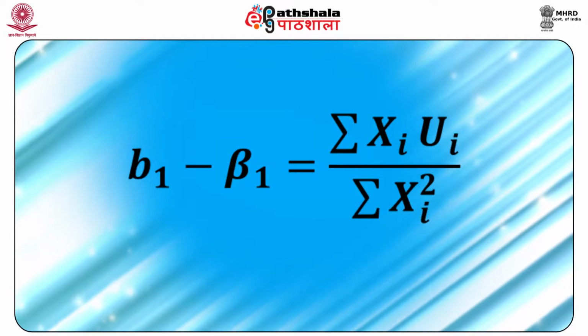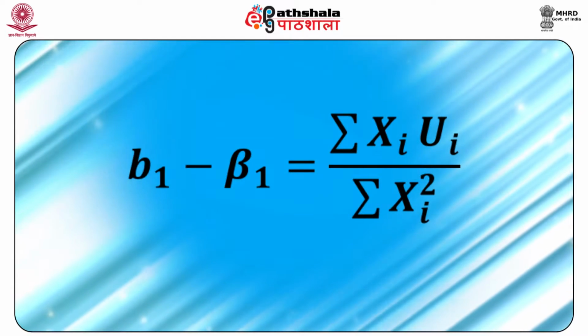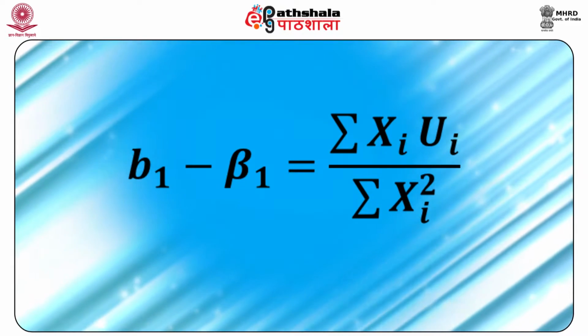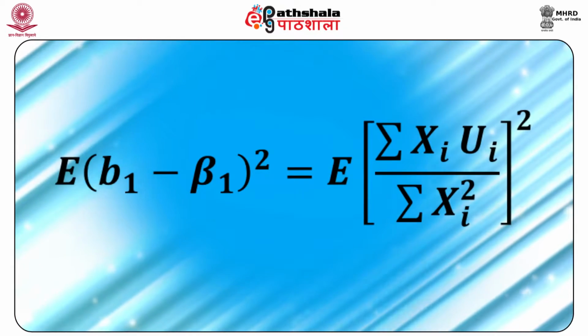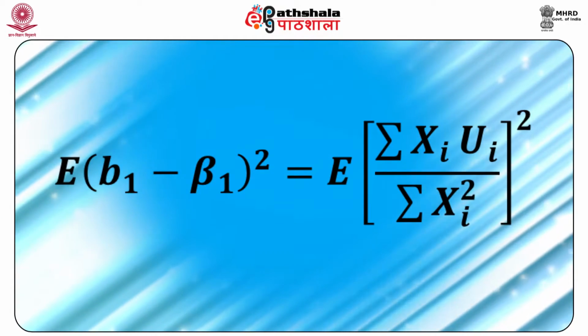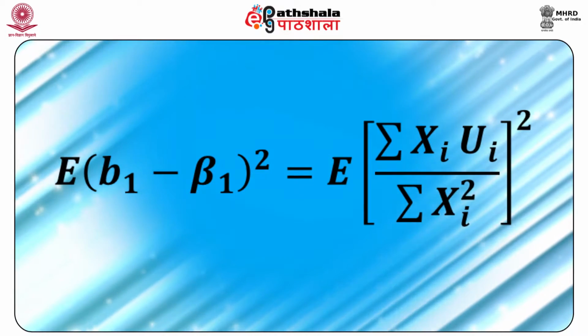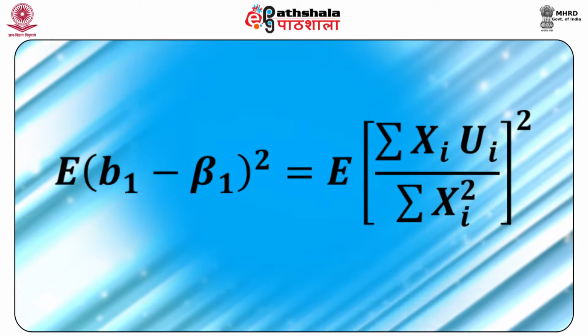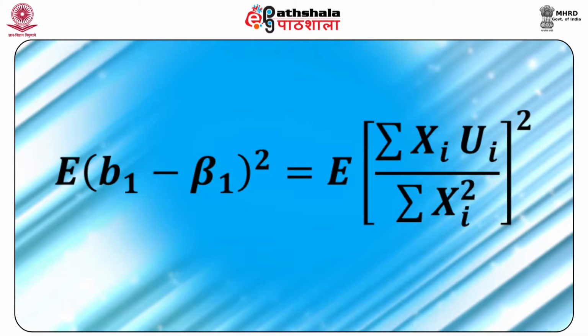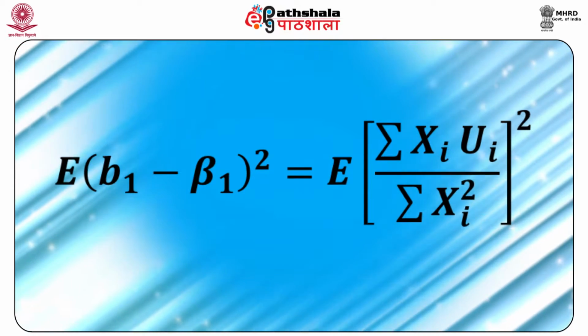Therefore, b1 minus beta 1 is equal to sigma Xi mu i upon sigma Xi square. Now taking the expectation operator on both sides, we obtain the expectation of (b1 minus beta 1) square is equal to the expectation of (sigma Xi mu i upon sigma Xi square) whole square.